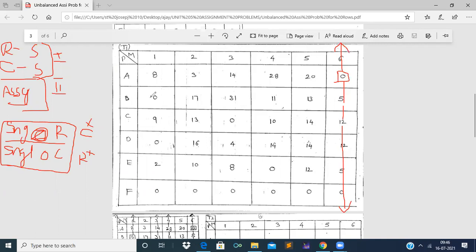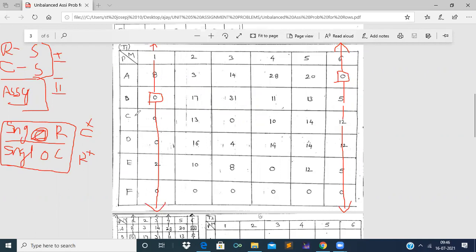Now, next we proceed for second row, row B. In row B, single zero is present. Therefore, we strike off this first column, as the row assignment is made in this first column.